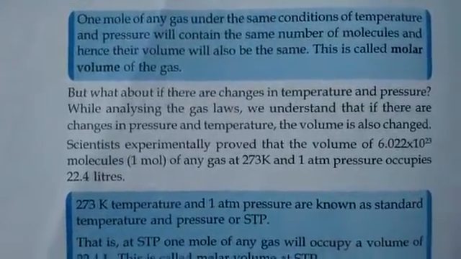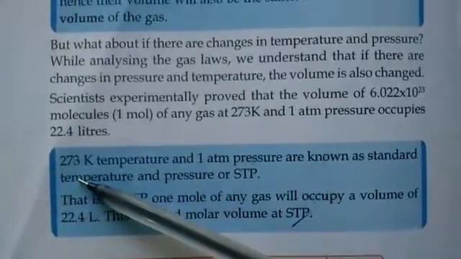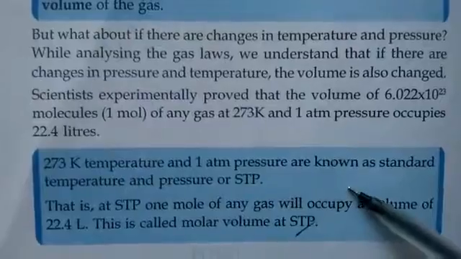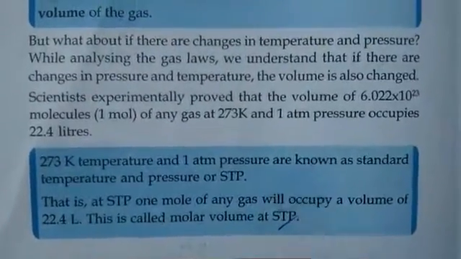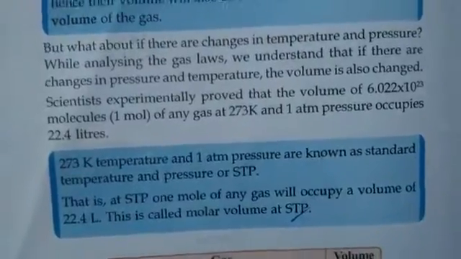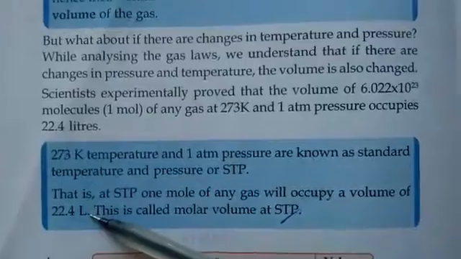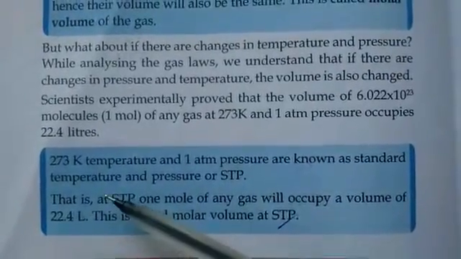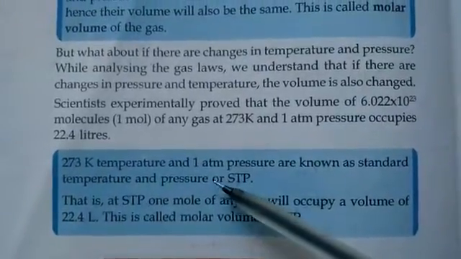Temperature and pressure must be the same. 273 Kelvin temperature and 1 atm pressure are known as standard temperature and pressure, or STP.